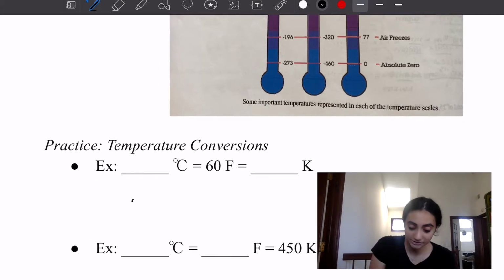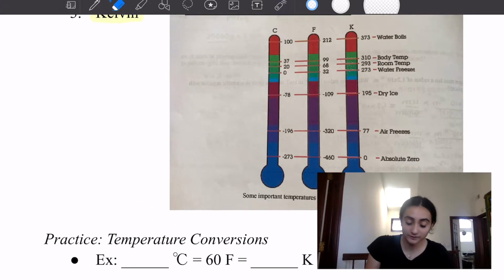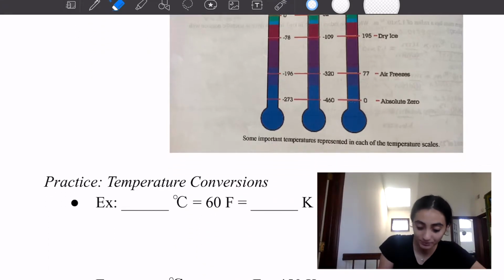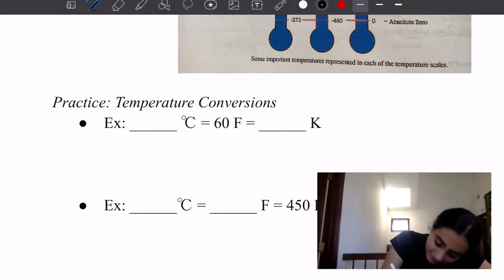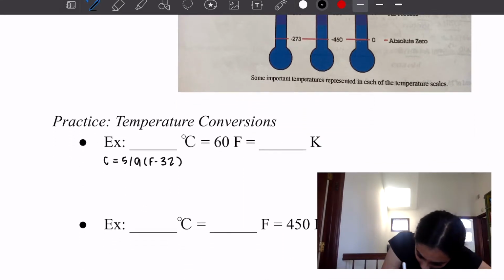We have 60 degrees Fahrenheit, and we are trying to convert to both Celsius and Kelvin. So if you look, the equation from Fahrenheit to Celsius is Celsius equals 5/9 (Fahrenheit minus 32). So I'm going to write that equation down. So I wrote my equation down, and now I'm just going to plug in Fahrenheit.